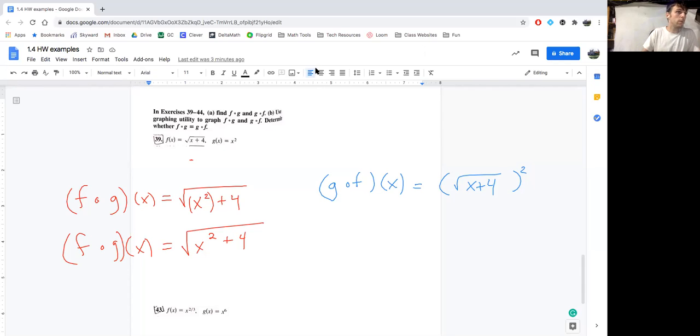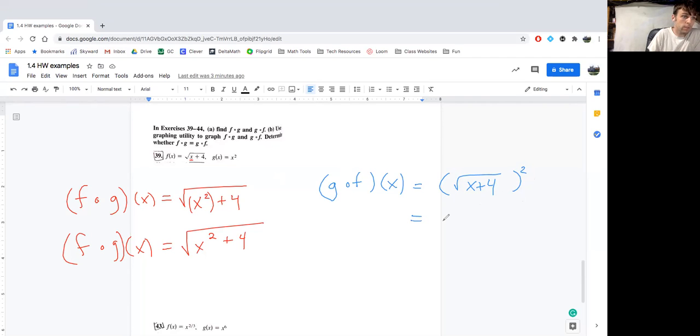All right, so we're putting in the function f of x where the x variable was in our function g of x. So here we can see that the square root and the squaring are going to cancel out. So we just end up with x plus 4 as our g of f of x. Now, they look like they're fairly different, but they're not all that different.